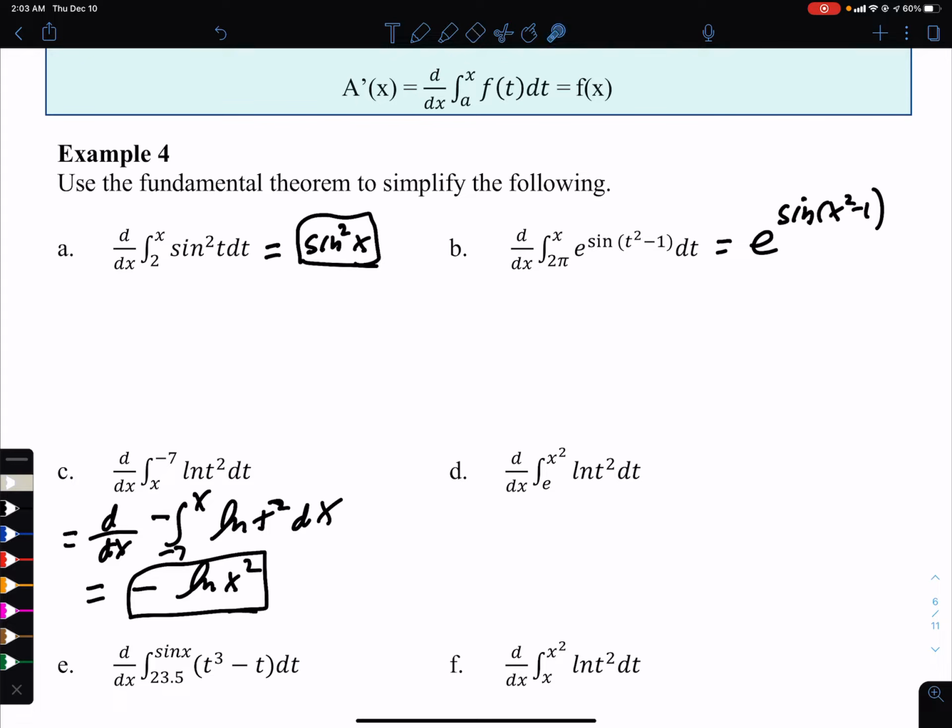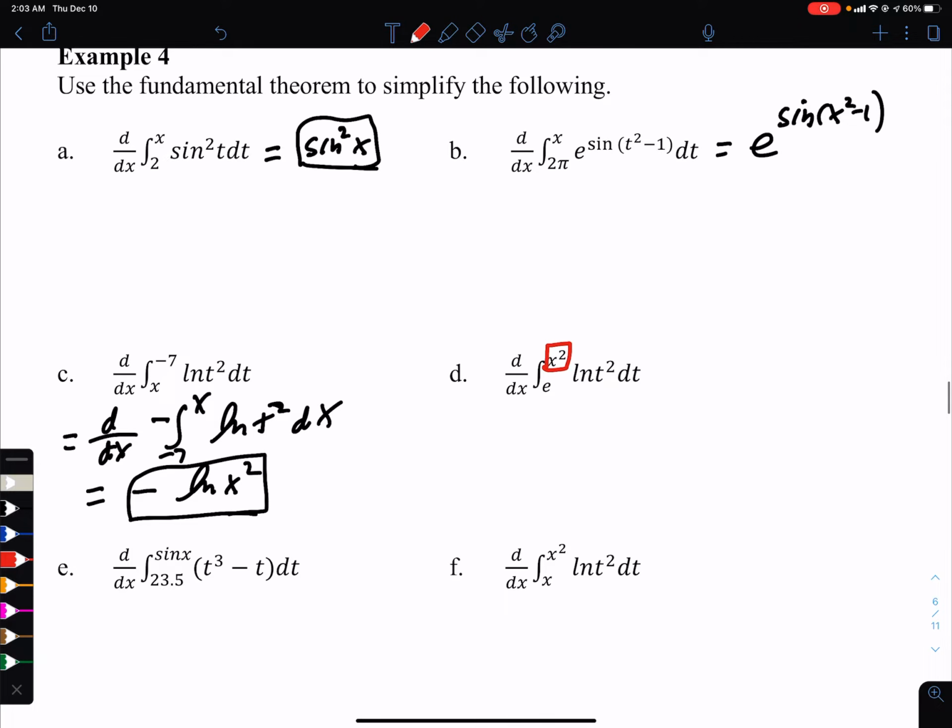Okay, let's take a look at this. That's x. That's x squared. Oh no, it doesn't match the theorem. Since it's not x and x squared, that becomes box. We have to use chain rule. So we plug in box. That's what we do. We always plug in x, right? Plug in x for t.